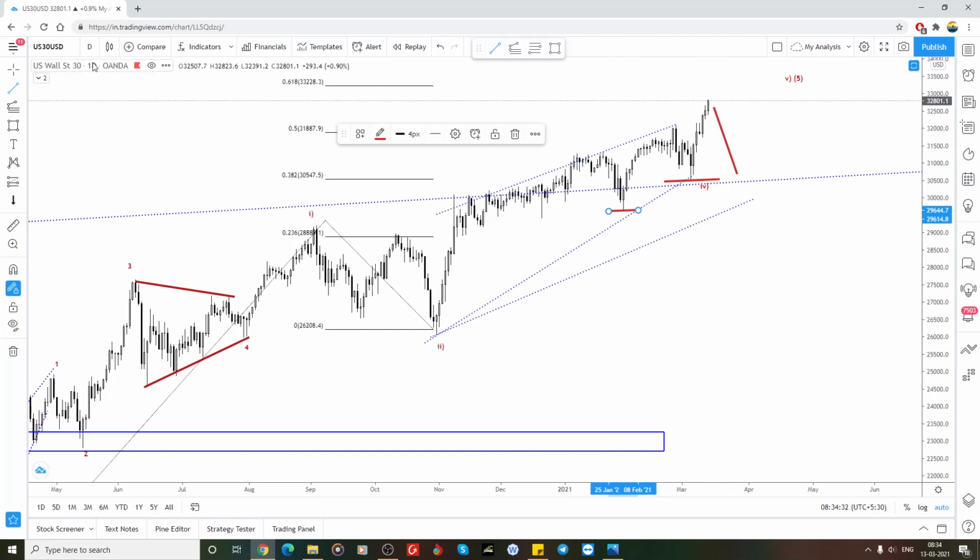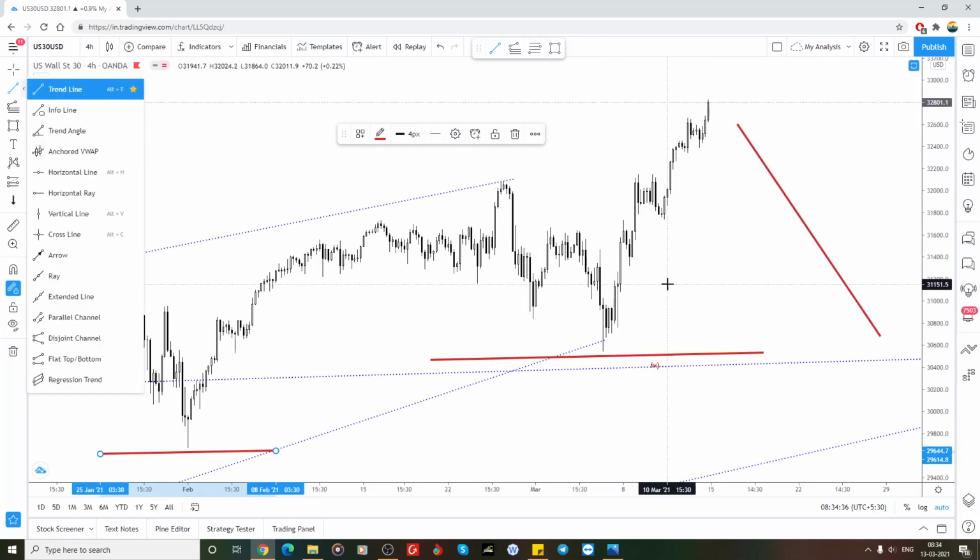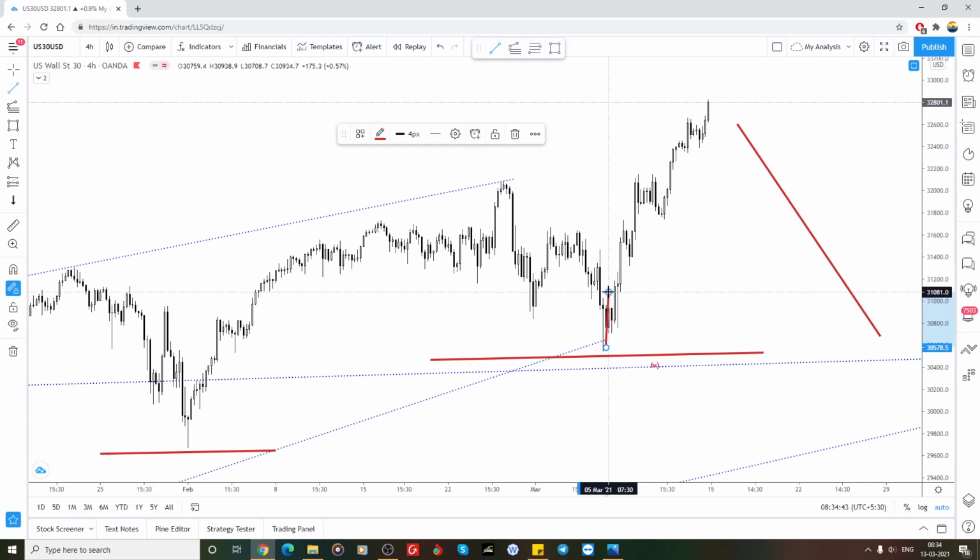But we need to watch this zone, what is going on here. It looks like 1 2 3 4 5, 1 2, 1 2 3 4 5. So this could be a 1, this could be a 2, and it keeps going on.